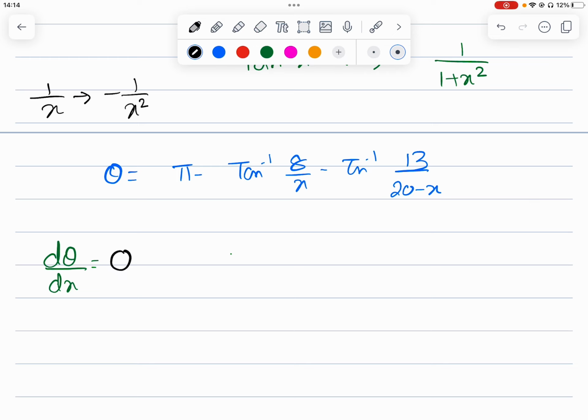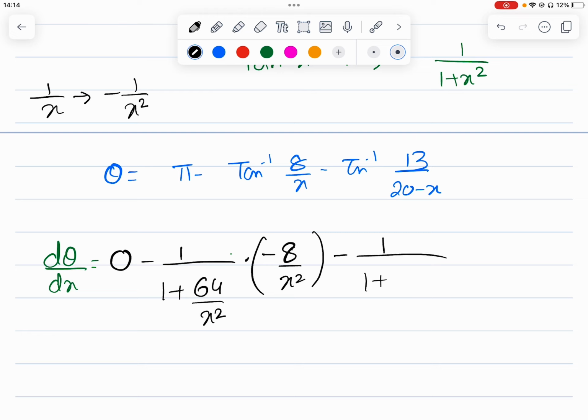So the derivative of pi is 0, minus 1 upon 1 plus 64 upon x square, times the derivative of 8 upon x, which is minus 8 upon x square. Then minus tan inverse of this one: 1 upon 1 plus 13 upon 20 minus x whole square, times the derivative of 13 upon 20 minus x, which is minus 13 upon 20 minus x whole square times negative 1.